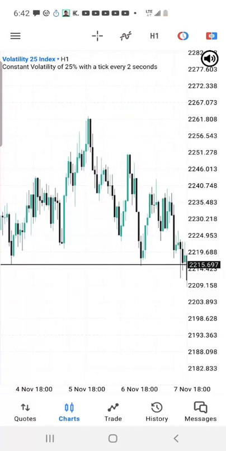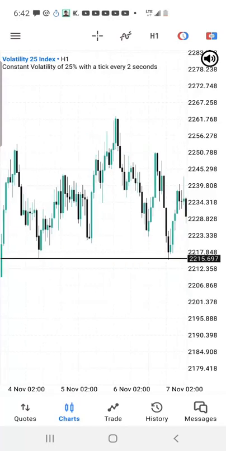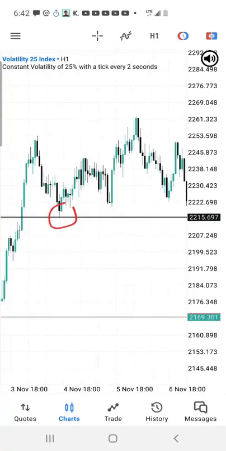This second shoulder that was created, the low it created before it created this second shoulder, ensure that it is not below the previous lows. These are the previous lows, 1, 2. This one is the lowest of all the lows, the low that was created after the first shoulder was created.